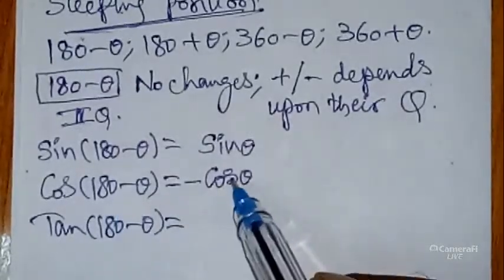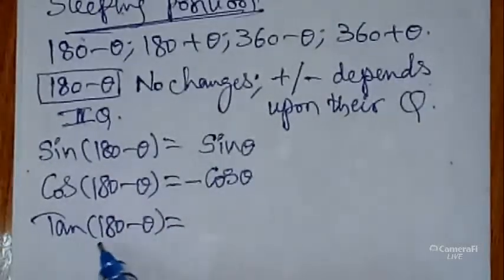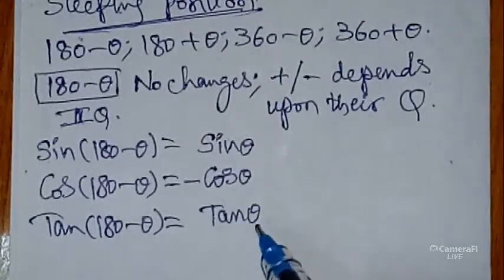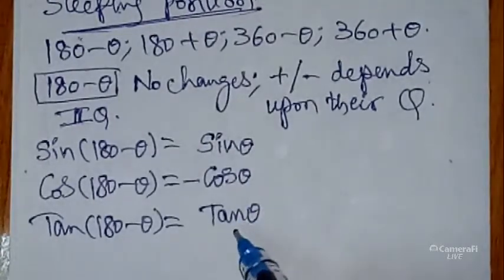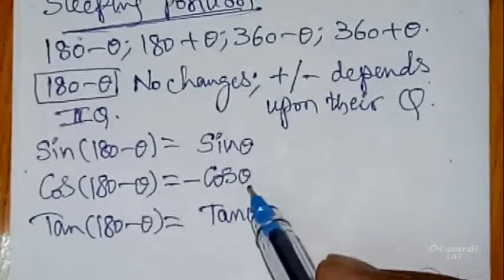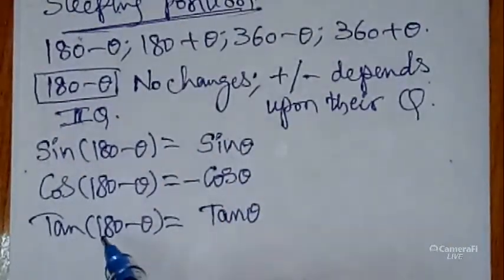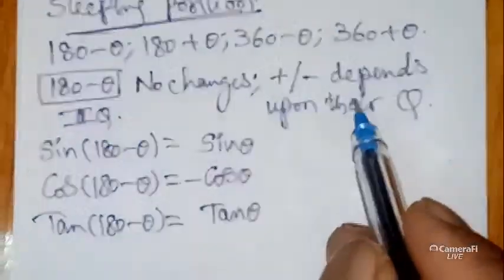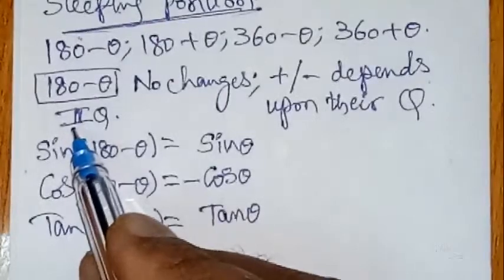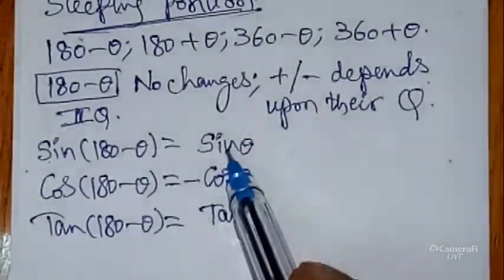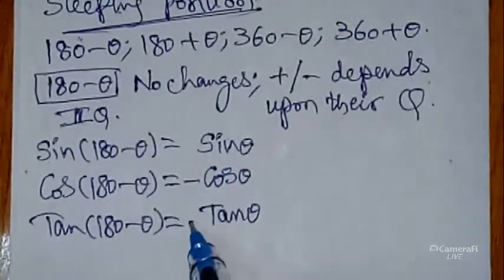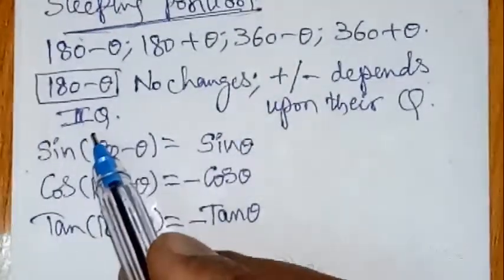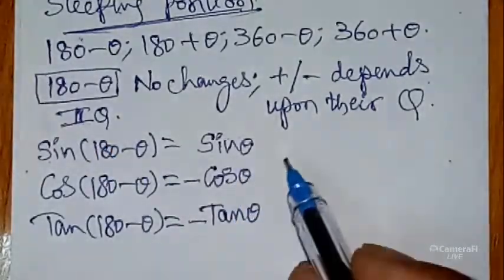So cos is negative. Next, tan 180 minus theta. First of all, no changes. You can write as it is: sin stays sin, cos stays cos, tan stays tan. Okay, here it is tan theta. And you can verify plus or minus. What is the positive value in the second quadrant? Sin is positive. So what is tan? It is a negative symbol. In the second quadrant, sin and cosecant are positive.